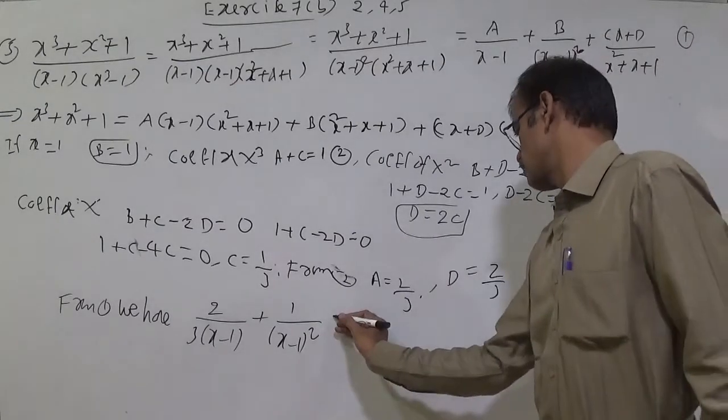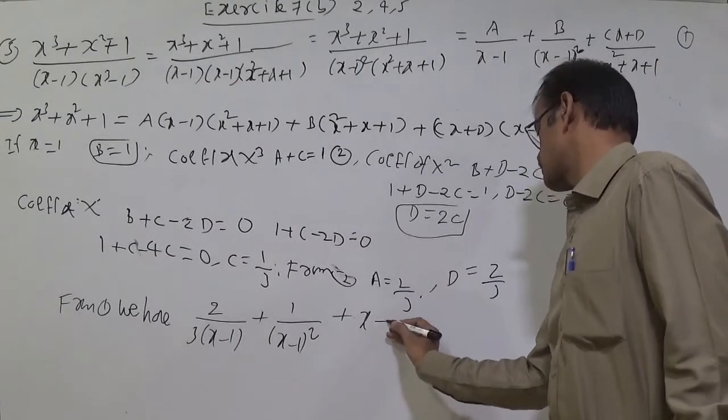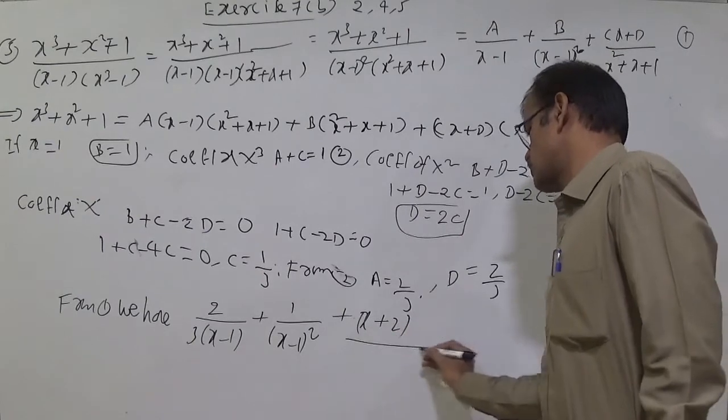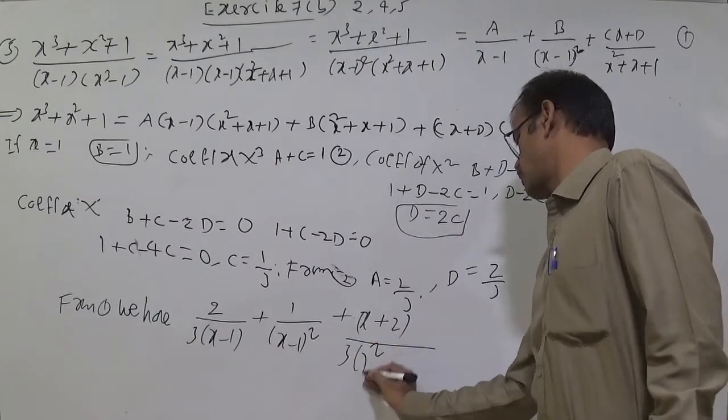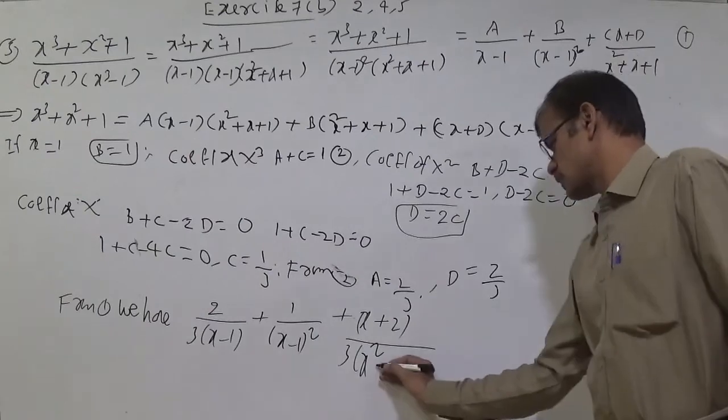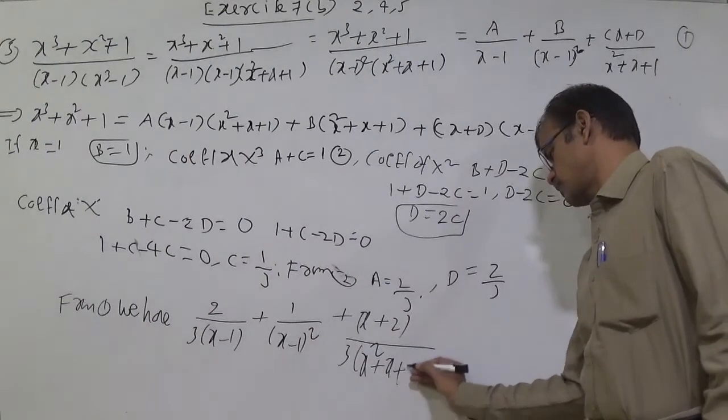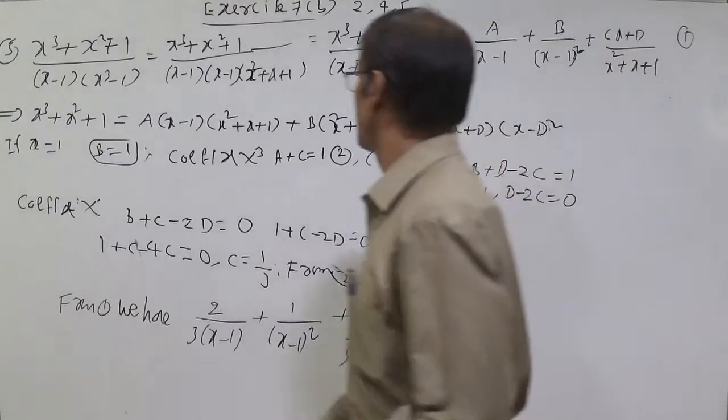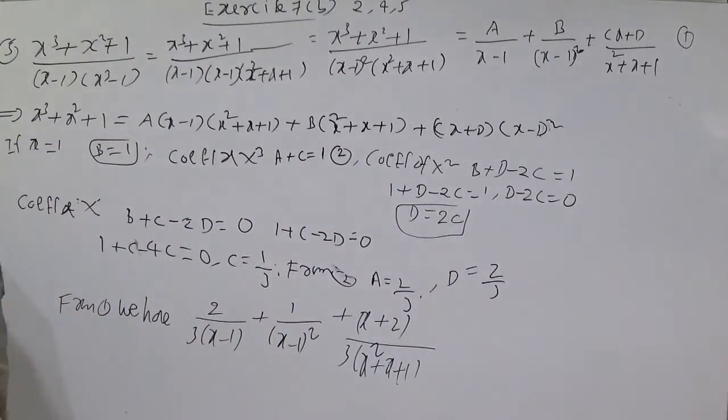C means 1, so you write (x plus 2) whole by 3 into the irreducible polynomial x square plus x plus 1. This is the exercise 7b concept.